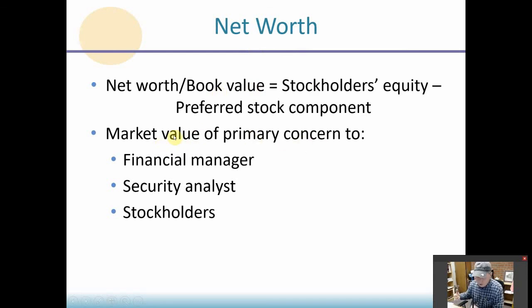If you look up, again, I'll use Apple. Apple has a market value of nearly $2 trillion. That's what investors think that Apple is worth. Okay, if you looked at Apple's balance sheet, it's probably only a couple hundred billion, if that. There's a big disconnect there, right? Well, what's the disconnect?